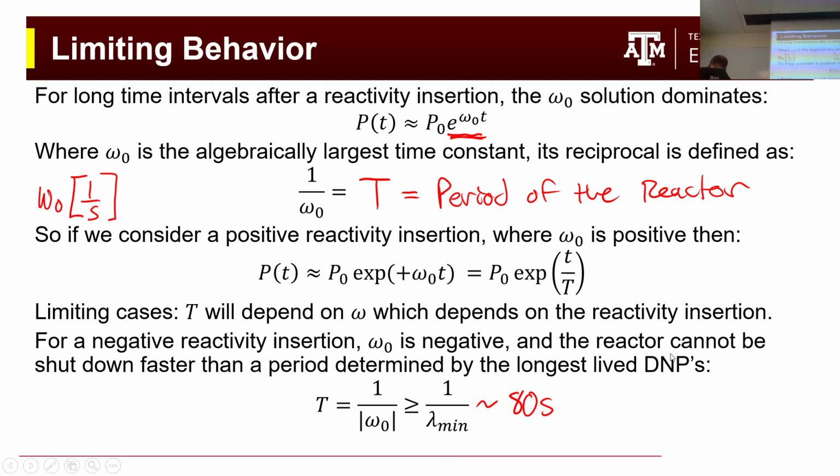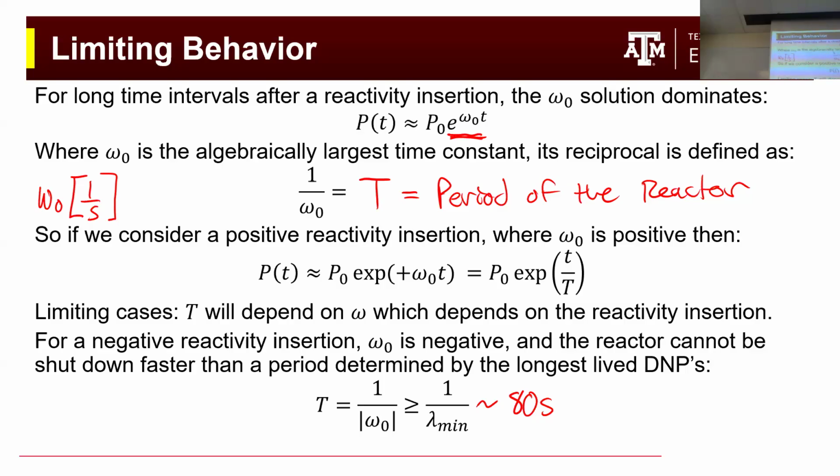Basically, if you had some plot where this is normalized power versus time, and I was starting critical, so this was starting at 1, and then we got some kind of negative reactivity insertion resulting in our system going into a shutdown.